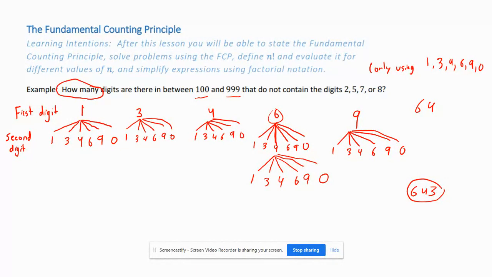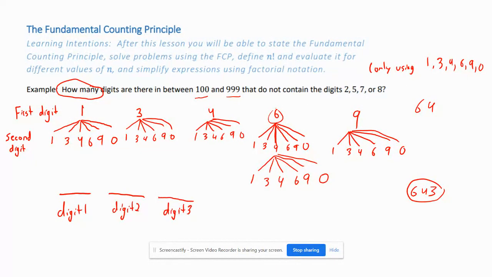Now the way we can do this is that we're making what we call 3 choices: the choice for digit number 1, the choice for digit number 2, and the choice for digit number 3. So this is like digit 1, digit 2, and then digit 3.